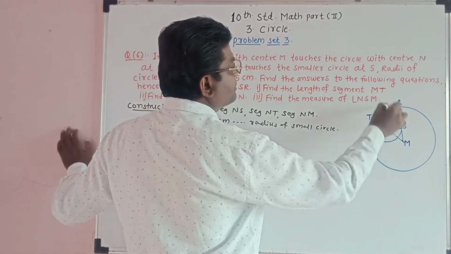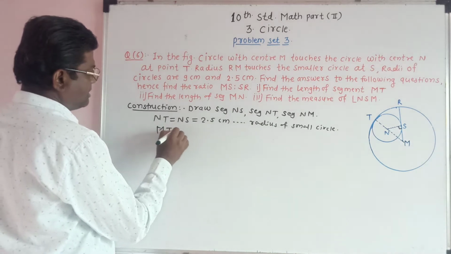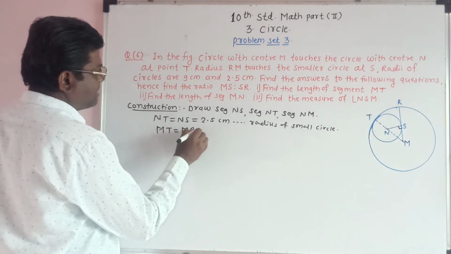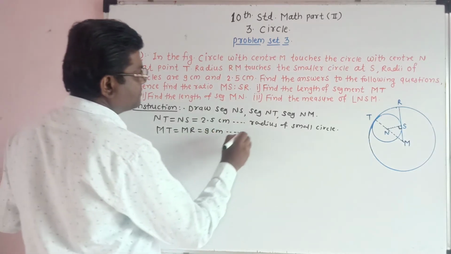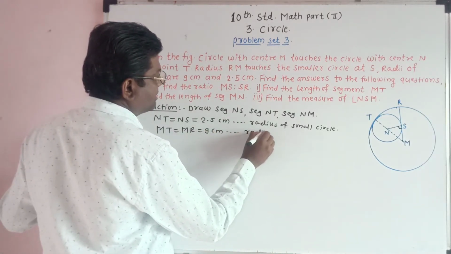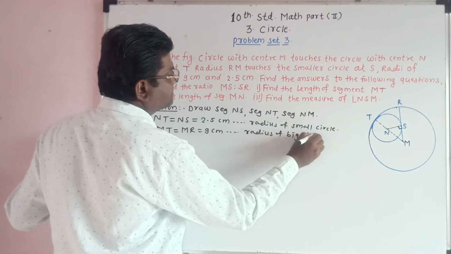MT is equal to MR is equal to 9 cm, radius of big circle.